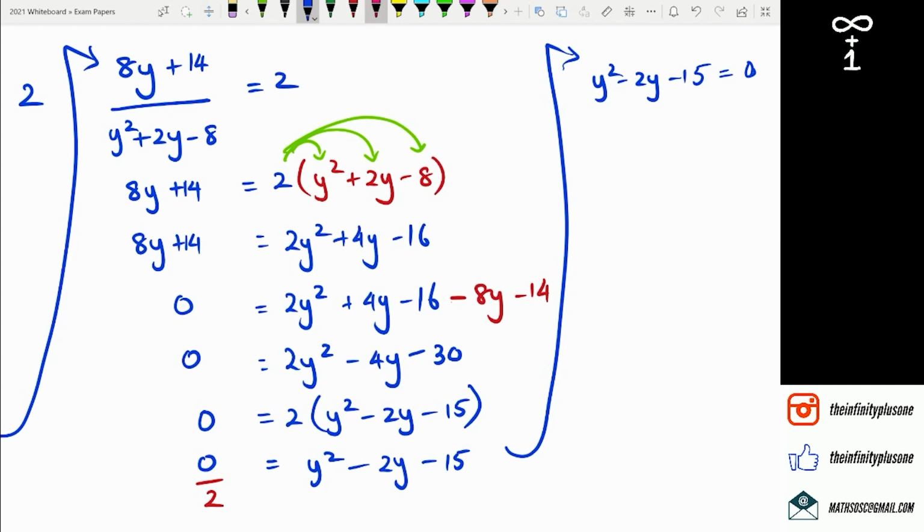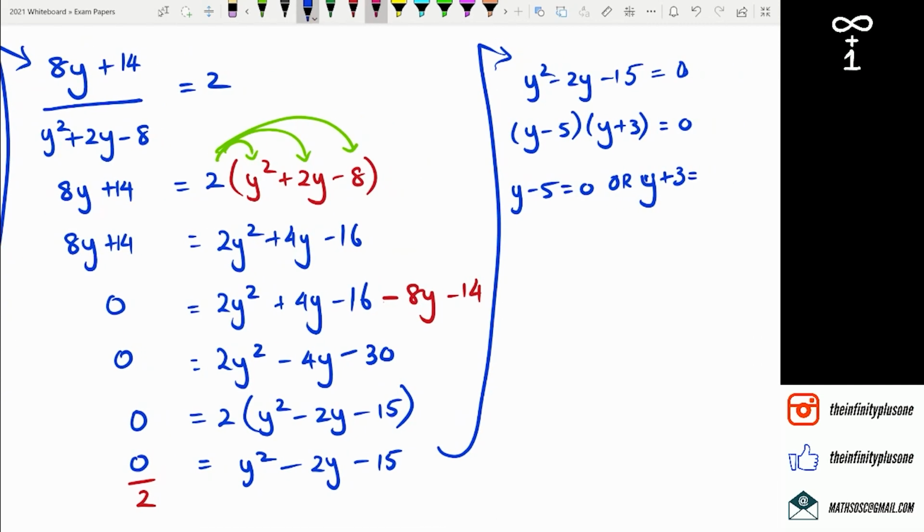And I can now factorize this. When it's factorized, I'm going to get y minus 5, y plus 3 equals to 0. Therefore, y minus 5 is equal to 0, or y plus 3 equals to 0. Then I can say y is equal to positive 5, sorry, or y is equal to negative 3.